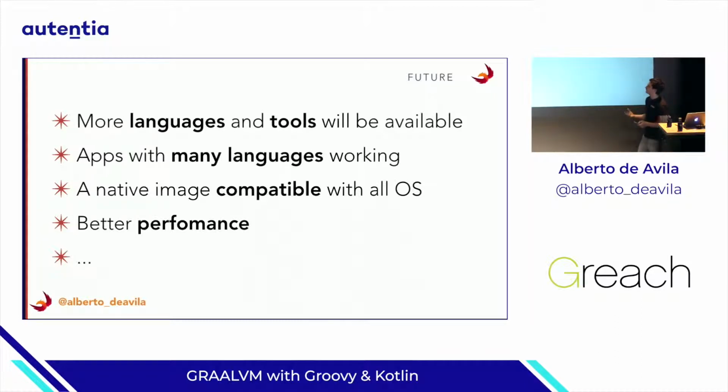I think the Oracle team is working to make a native image compatible with all operating systems, because they have the issue open on GitHub. And I think that we will have better performance using GraalVM, because the project was created in, I think, 2008, but now it's gaining more popularity, and I think they will work on increasing the performance of each language.